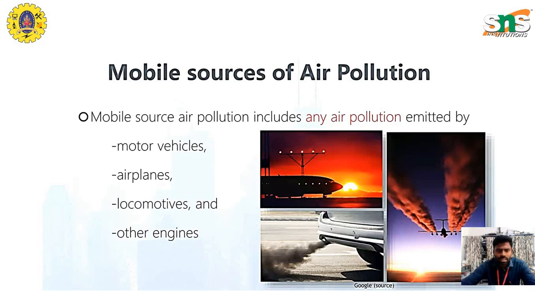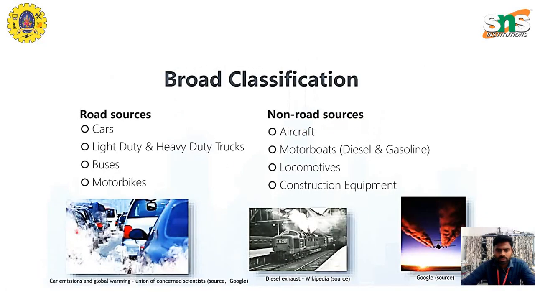For that, we have the norms called BS 1, 2, 3, 4, and now we have BS 6. The major talking point for BS 6 is to control emissions from automobile vehicles and different industries in order to control air pollution.